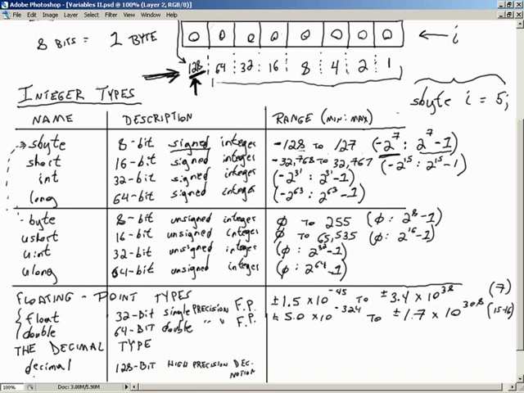All right, and it is a plus minus 1.0 to 10 to the negative 28 to a 7.9 times 10 to the 28. Okay, that is its range. All right, there you go.